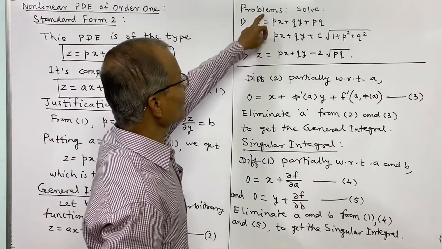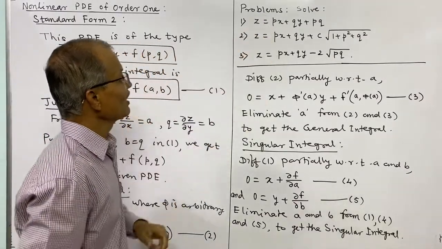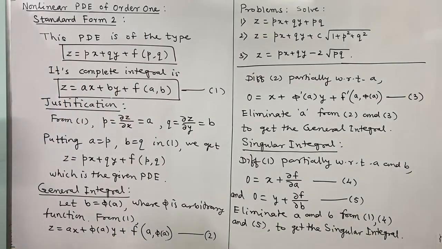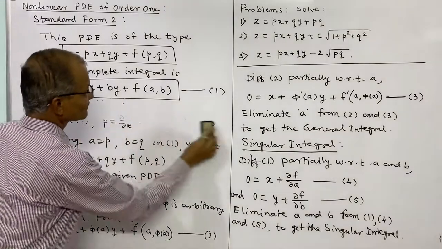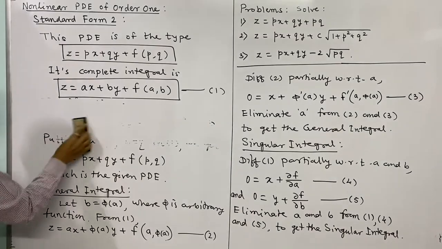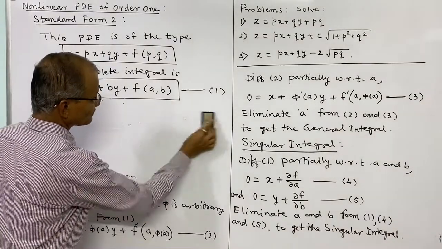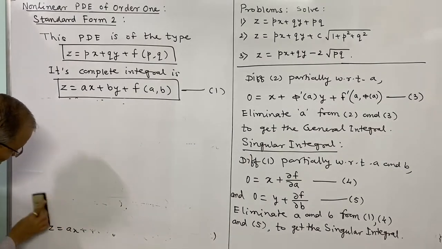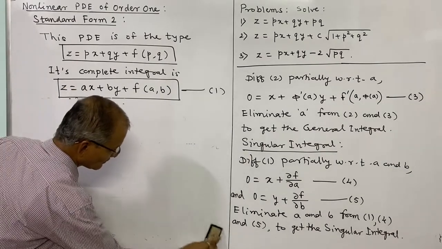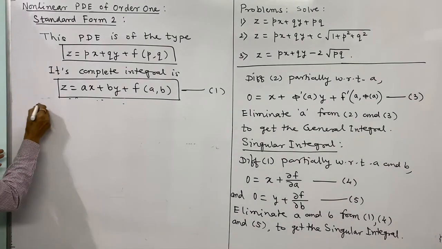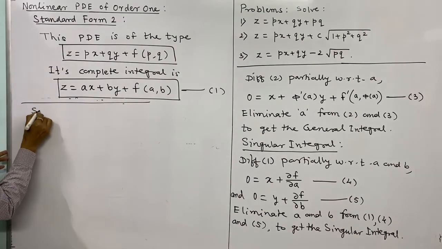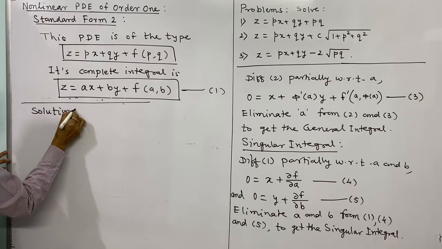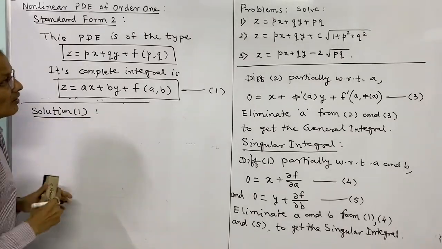Here I have written the problems. We shall solve these one by one. Now consider the first problem. So I shall write the solution from here. Solution of 1. Observe the equation.